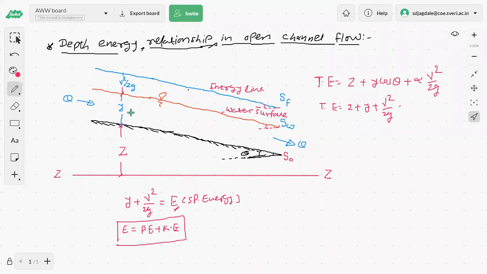Okay, now we will have some relationship between the discharge q and the specific energy.